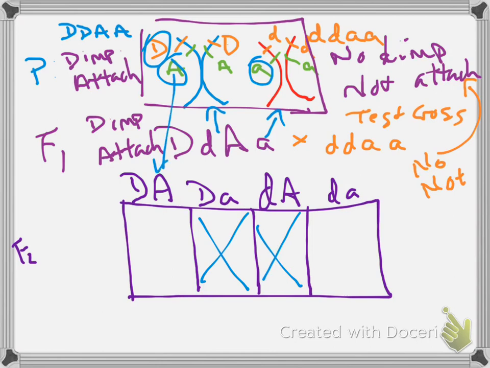And little d must go with little a, whichever chromatid it is, right there. But this little d cannot go with the big A, because they're on different chromosomes. Sorry, this is getting messy. But the big A is over here, and the little d is over there. They can't be inherited together.